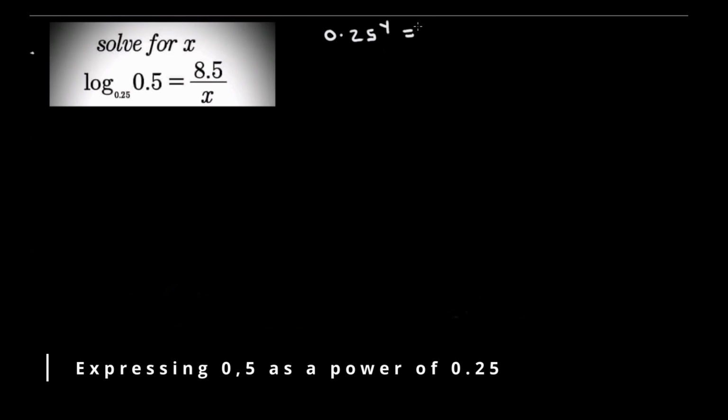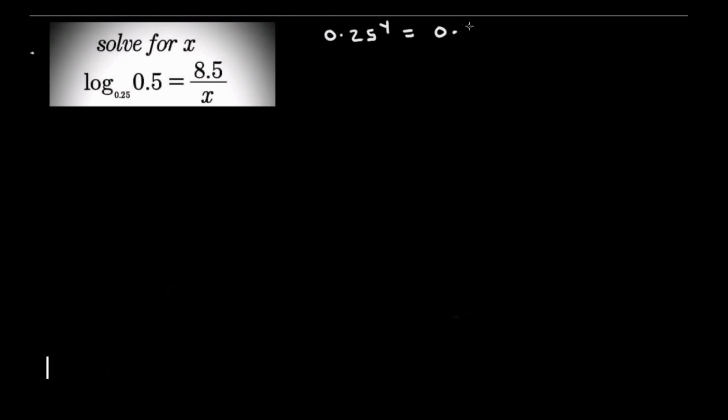To solve for x in this logarithm, let us first consider what power 0.25 should be raised to in order to be 0.5. So we know that 0.25 is actually 25 over 100 to the power y, being equated to 0.5, which is 5 over 10.